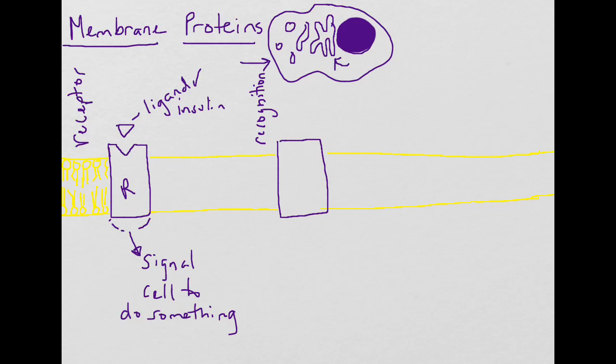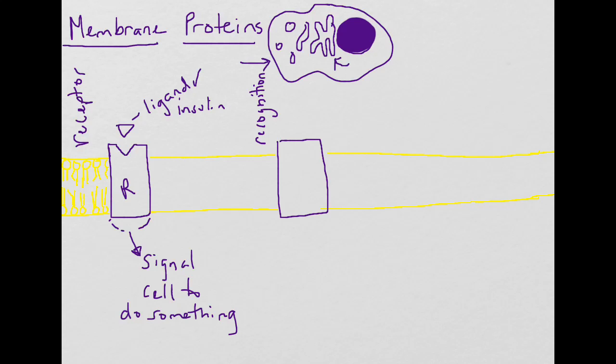It can also be used for marking packages for where they should go, like posting an address, as we talked about with the Golgi acting like a post office. So it could be an address of where this protein should go, or it could be a protein that is identifying self from non-self. Making sure that we know we've got the right stuff here.